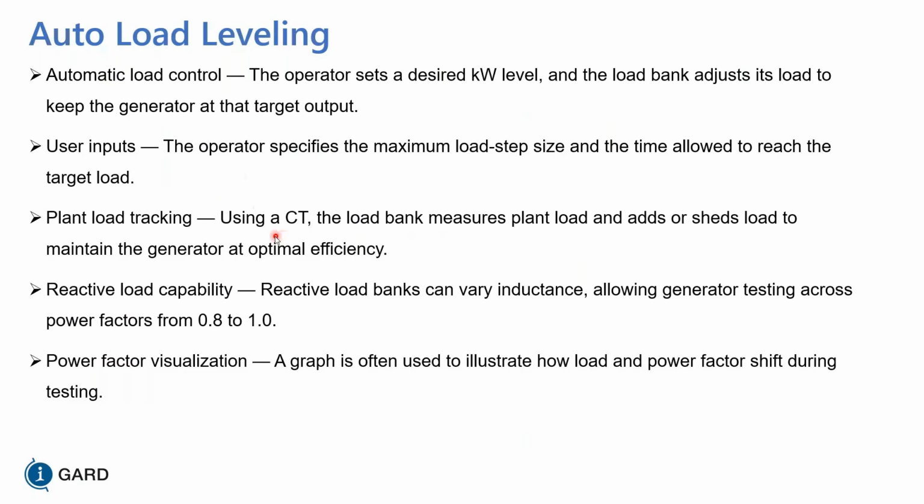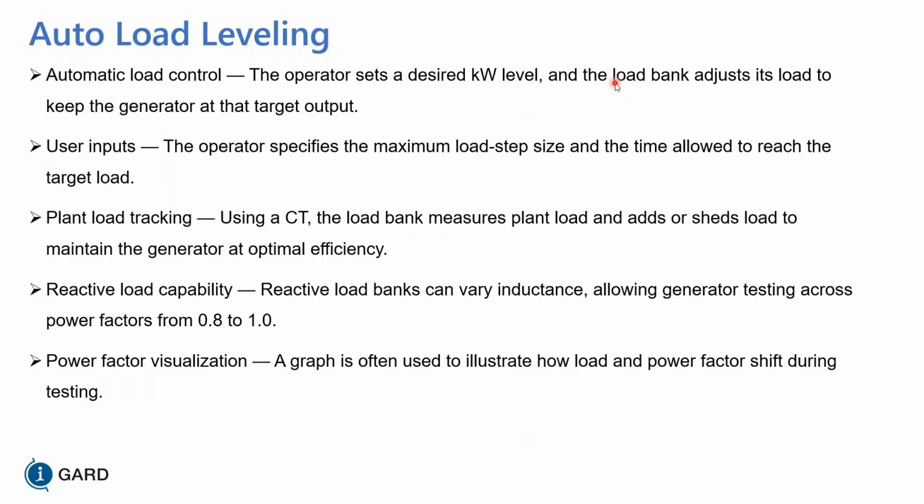So what we need for that is we put a CT on the plant side so that we can monitor the minimum plant loading and compensate for the maximum for the load bank loading to ensure that we have a minimal load on the generator to ensure that it's functioning properly.